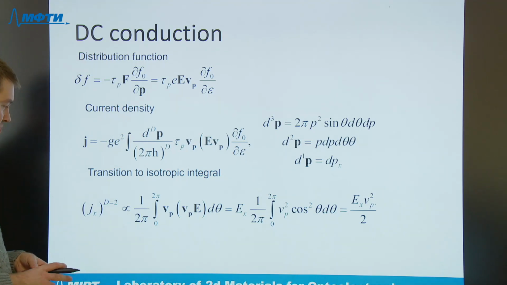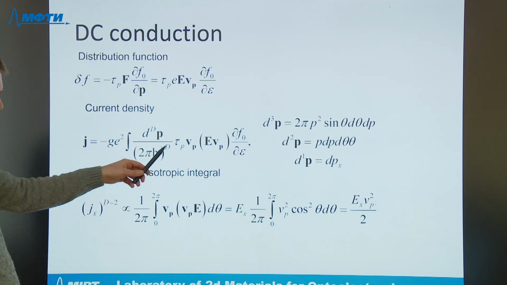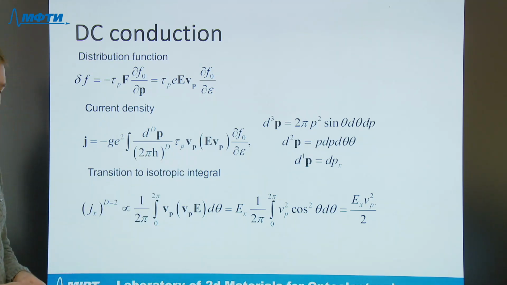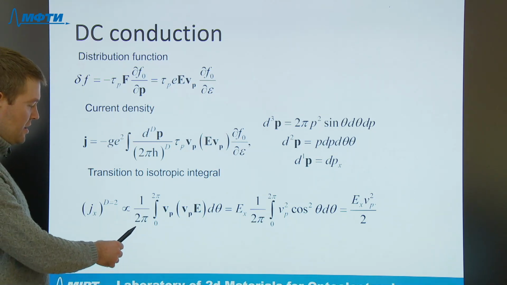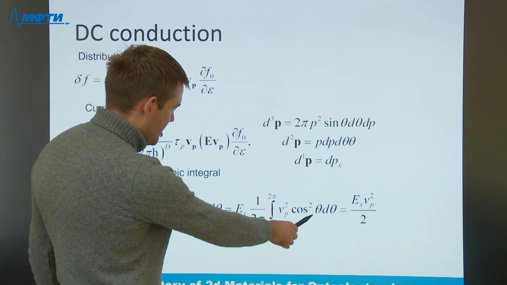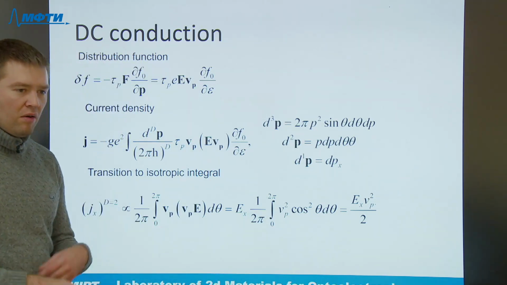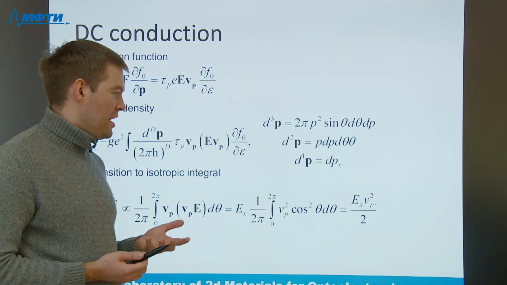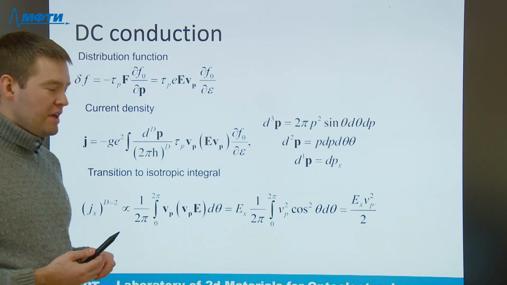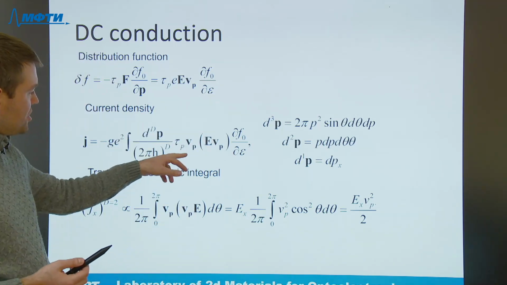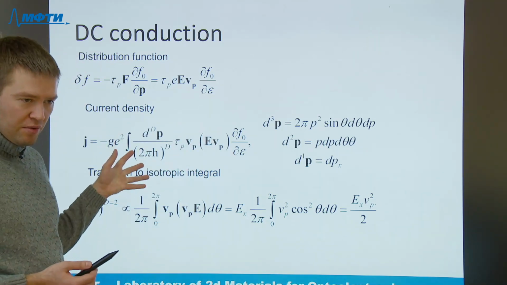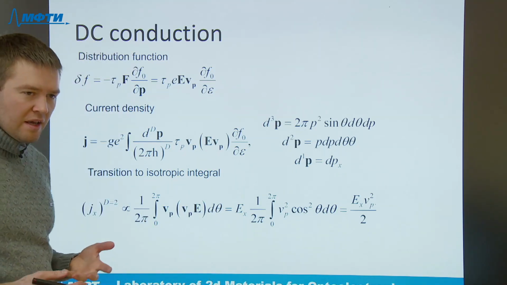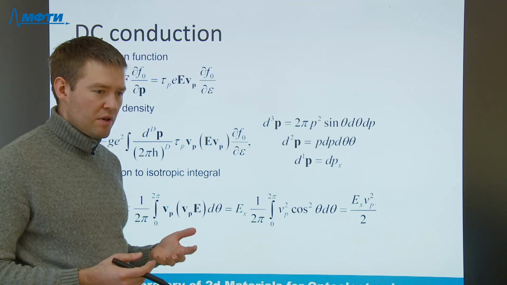If we try to average the expression of velocity multiplied by the scalar product of electric field and velocity in 2 dimensions, then it is equivalent to averaging of cosine squared over all possible angles. The average of squared cosine is 1/2, and angular averaging in 2 dimensions in this expression is equivalent to dividing it by 2. And after we have divided it by 2, we can evaluate only the momentum integral of some isotropic function.